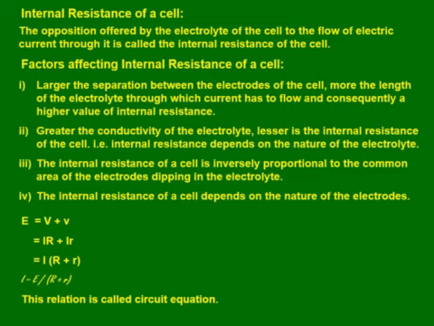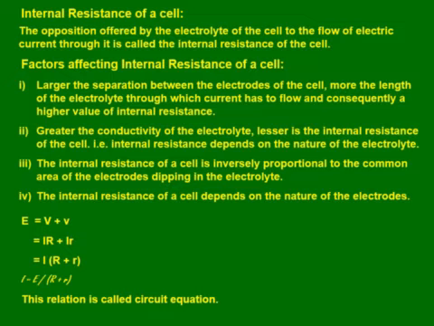In fact, the internal resistance of a cell also depends on the nature of the electrodes. That is also deciding whether it is a primary or secondary cell. One point I told you is that for a primary cell the internal resistance is larger, and for a secondary cell the internal resistance is smaller. Like, say, I talk about the lead acid cell.